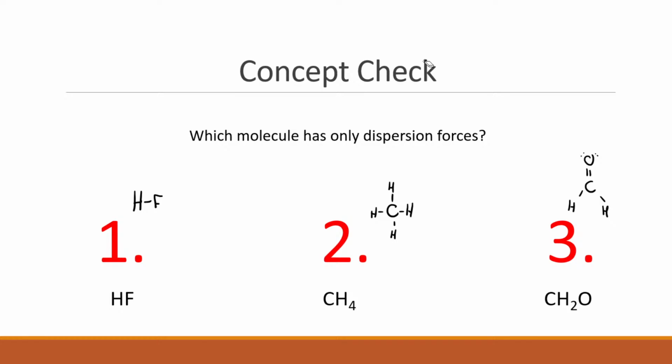For something to have only dispersion forces and not have access to anything else, we are looking for a non-polar molecule. And so we're looking for the one that has multiple lines of symmetry, which means we are going to pick choice 2 as our answer, because HF is polar, CH2O is polar.